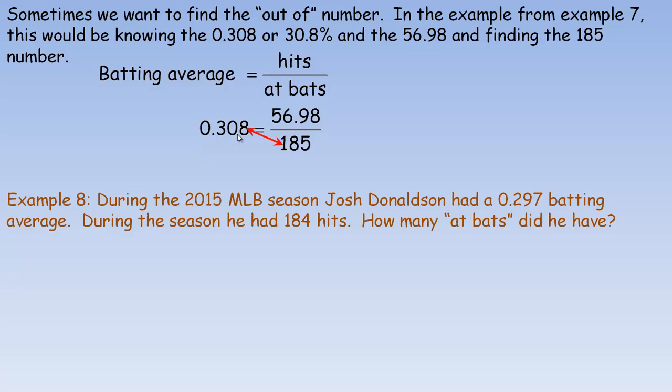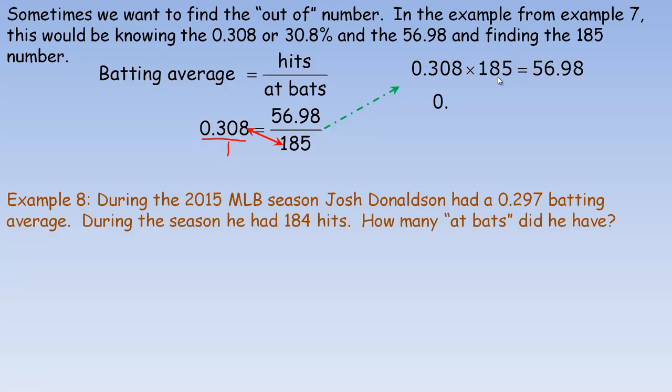There's really a 1 underneath this, so 0.308 times 185 should equal 1 times the 56.98. That's why I'm writing it like this: the 0.308 times the 185 equals the 56.98. It's like we don't know this, if we didn't know the 185.